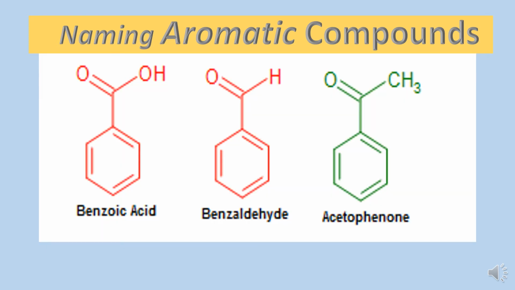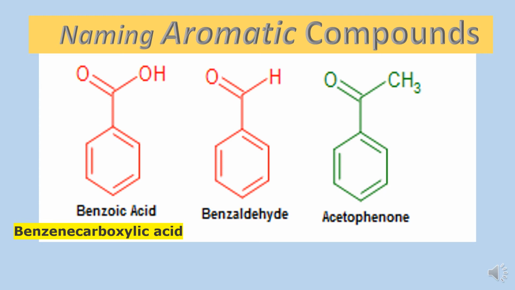Here we can see 3 more aromatic compounds having the functional groups carboxylic acid, aldehyde and ketone respectively. The popular names of these compounds are benzoic acid, benzaldehyde and acetophenone. But the IUPAC systematic name for benzoic acid is benzene carboxylic acid, as the carbon of the COOH group cannot be included in the ring.